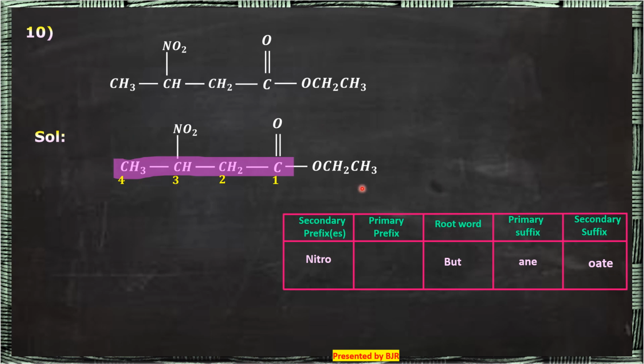While naming esters, the alkyl group present in the functional group COOR must be named first. The name of this alkyl group should be written first. So ethyl 3-nitro butanoate, ethyl 3-nitro butanoate. Okay.